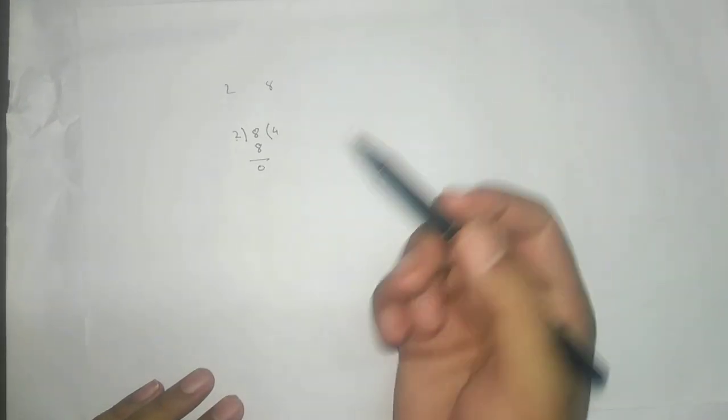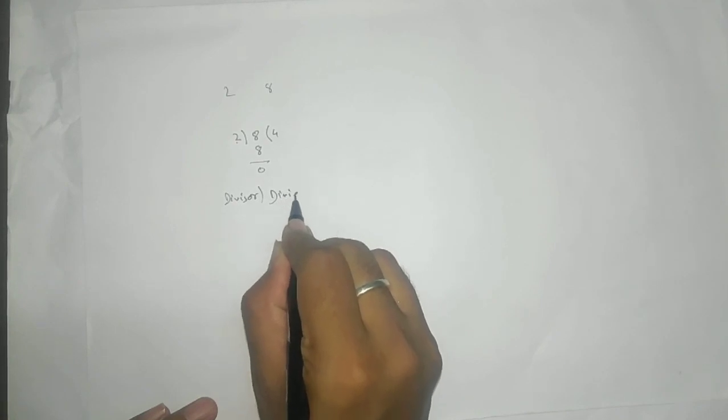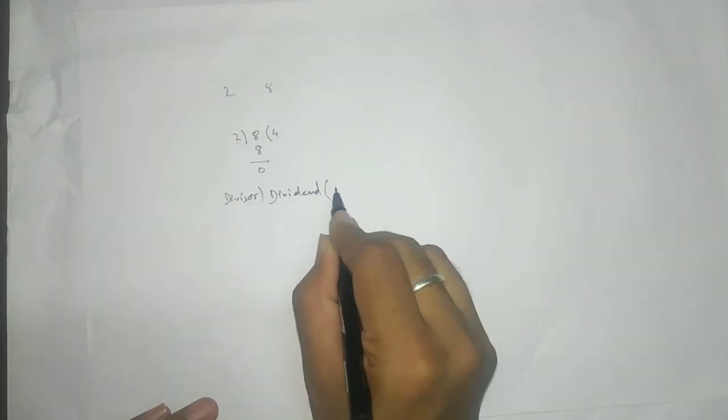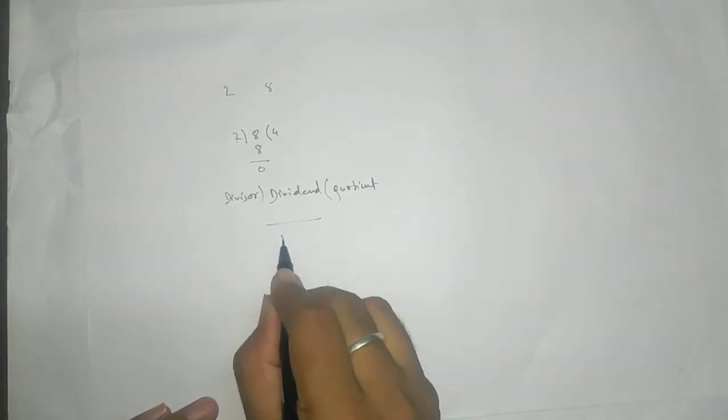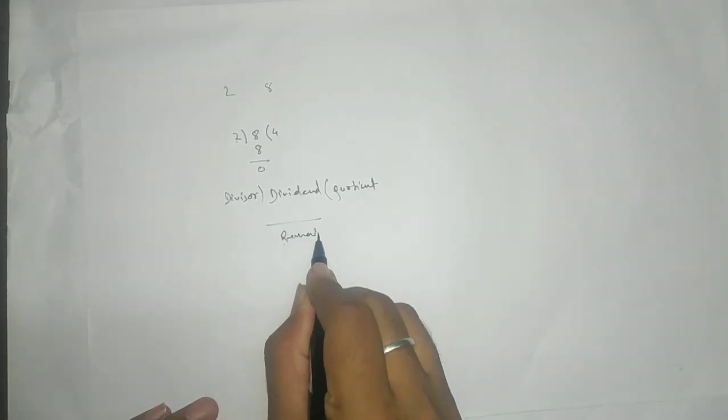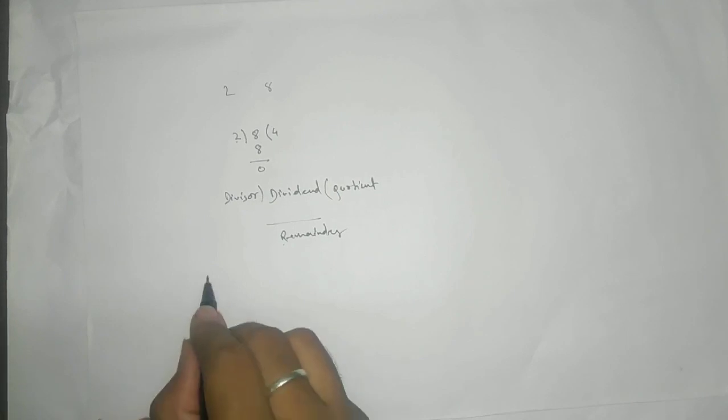Yes, you can say that 2 is a factor of 8. This type of presentation is the long division method. In the long division method, this is your divisor, this is your dividend, the outside is the quotient, and the remaining part is the remainder.